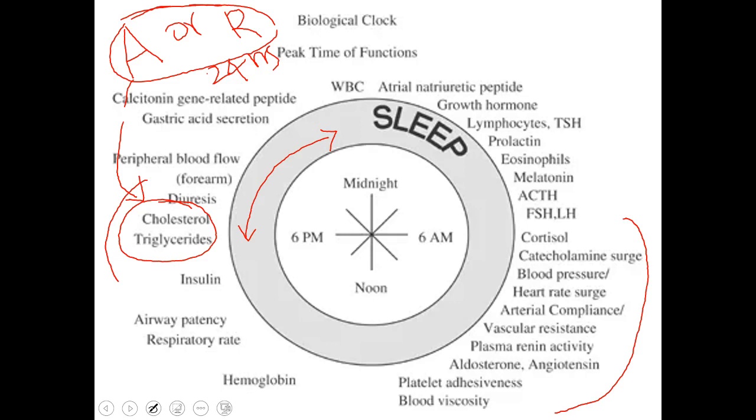On the other hand, let's assume you are giving simvastatin. Simvastatin half-life is just 2 to 4 hours. So, with such a short duration, it should only be given at night.